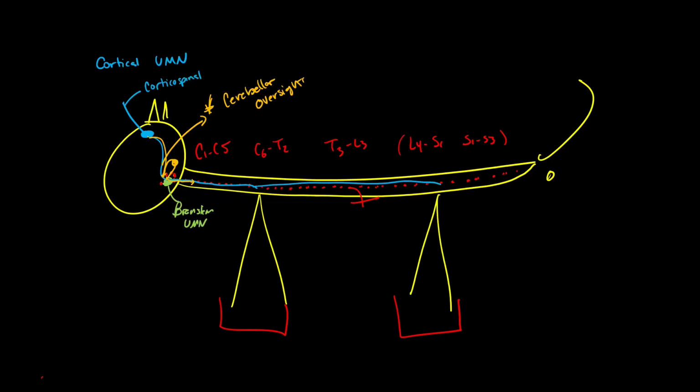There's the corticopontine tract, that's the tract that's going to go down to the cerebellum and help with regulation. But the corticospinal tract equals the primary motor tract for humans.